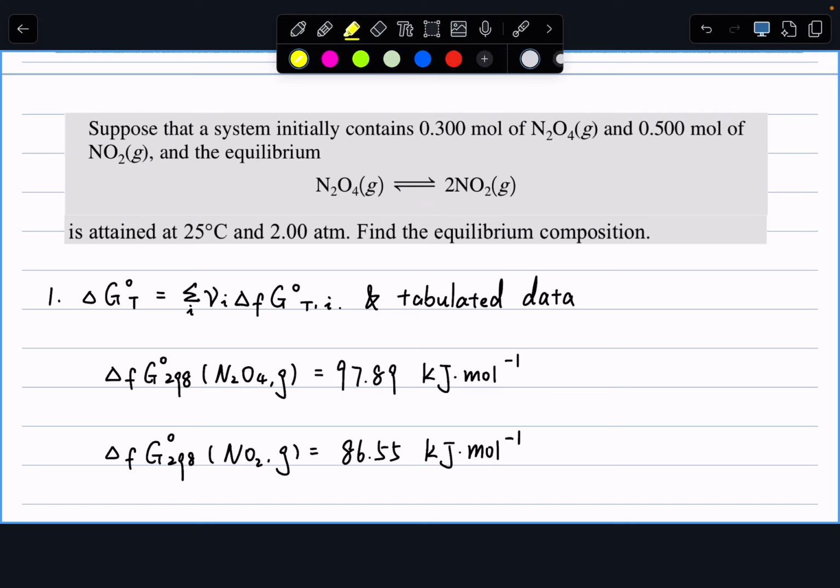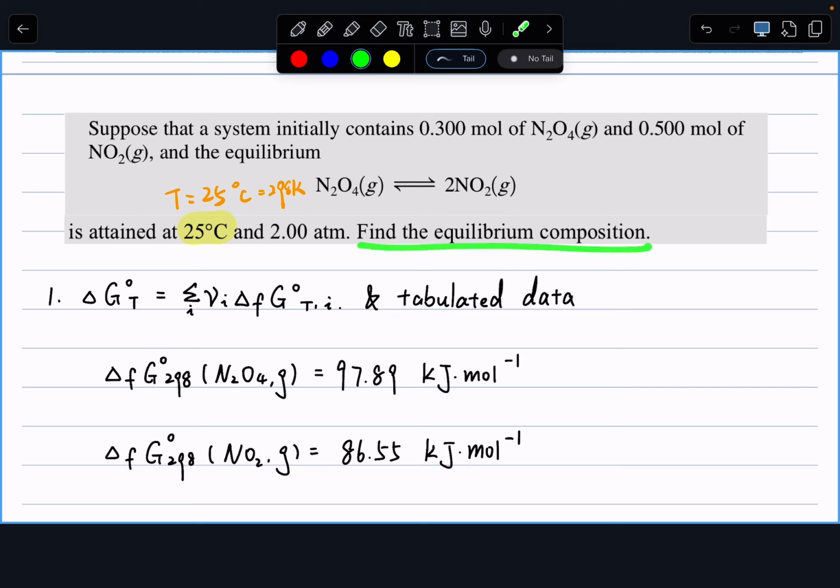One more important piece of information: as we already know that temperature equals 25 degrees Celsius or 298 Kelvin, we can directly use our tabulated data, and we do not have to use the van 't Hoff equation. But if we change this to 50 degrees Celsius, then we have to use the van 't Hoff equation to solve for the process.